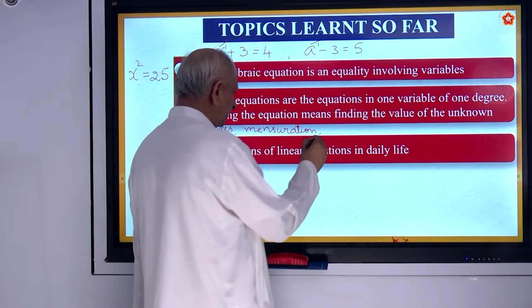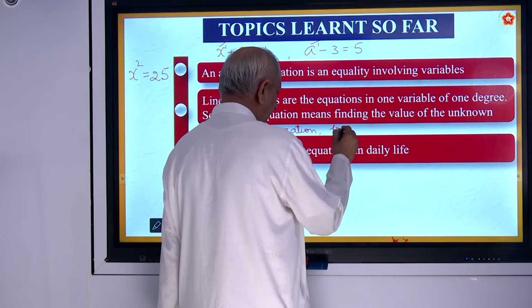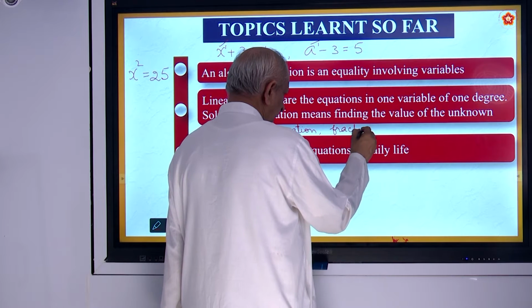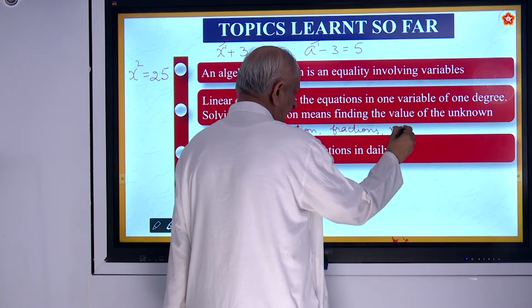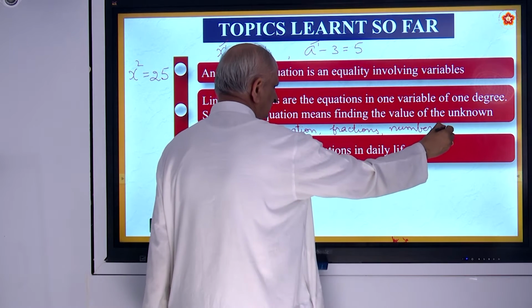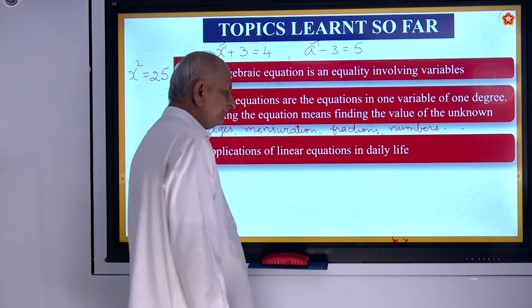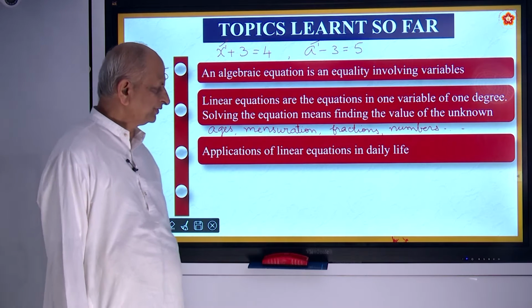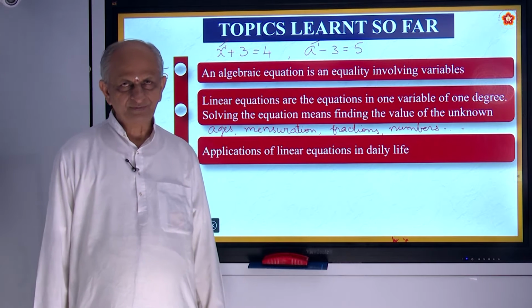And also in the case of fractions or numbers, etc. So there are so many things like that. All these use linear equations.